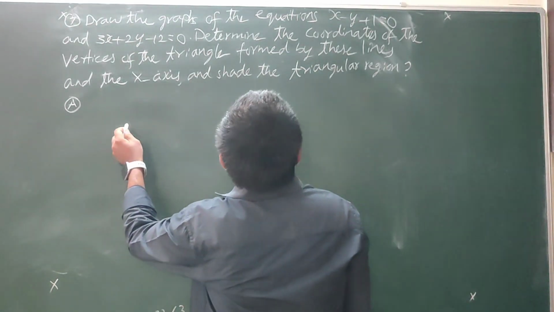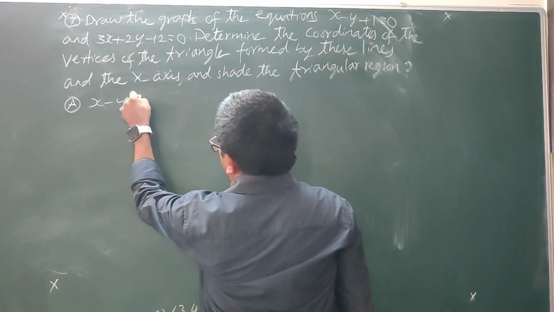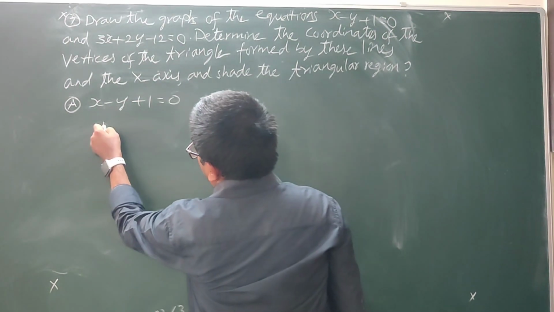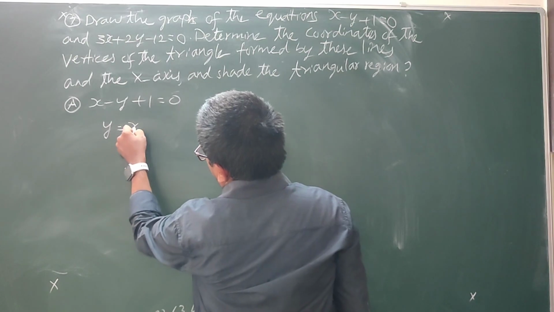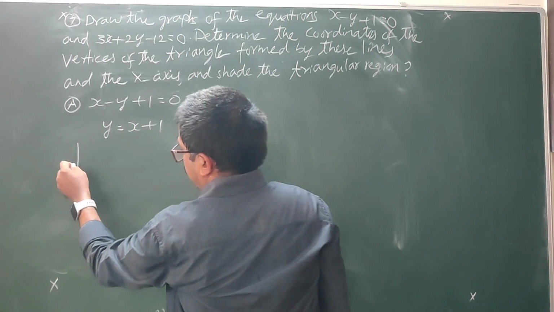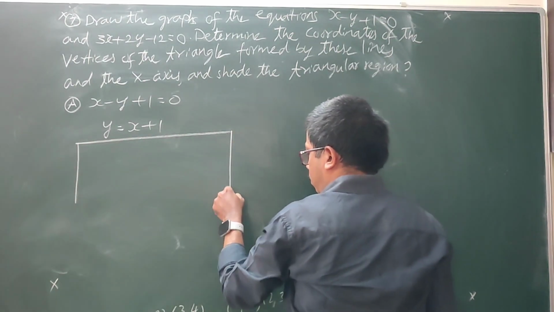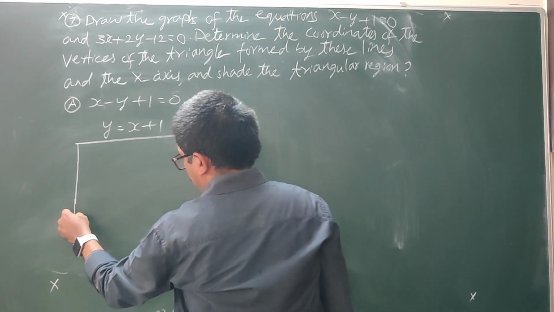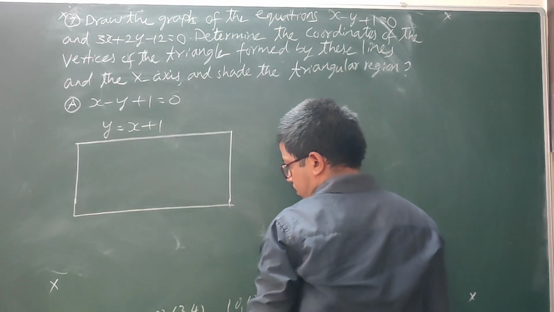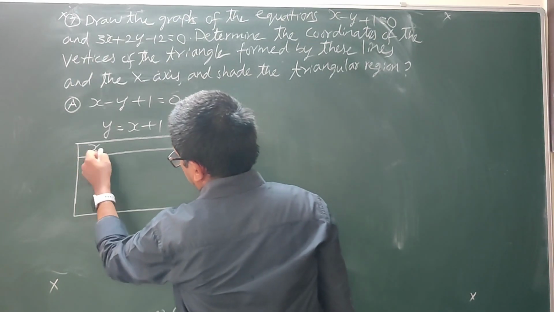So here first one is x minus y plus 1 equal to 0. So y equal to x plus 1. This is x.